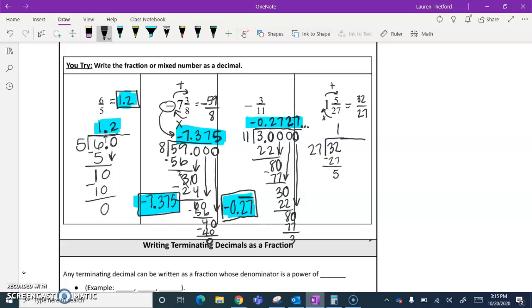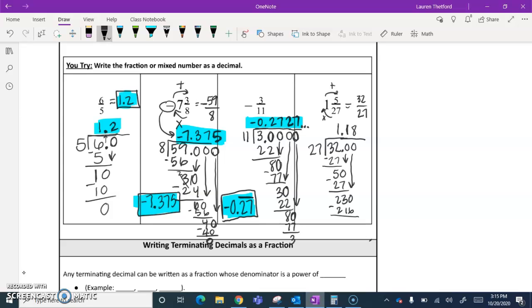I'm going to have to put a decimal here and bring down that 0. 27 goes into 50 one time again. 1 times 27 is 27. When I subtract those, I get 23. But 27 doesn't go into 23, so I have to bring down another 0. 27 goes into 230 8 times, and that is 216.